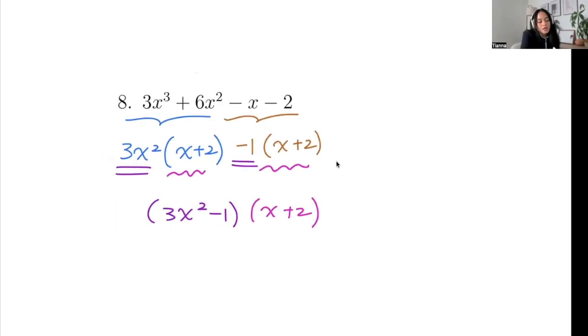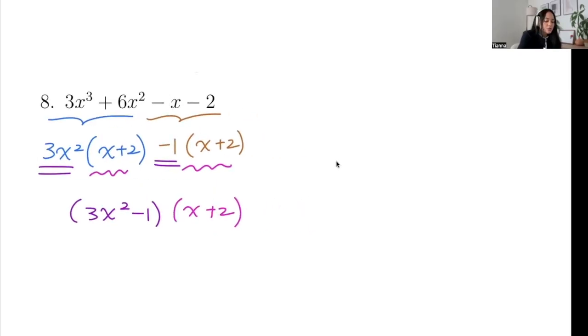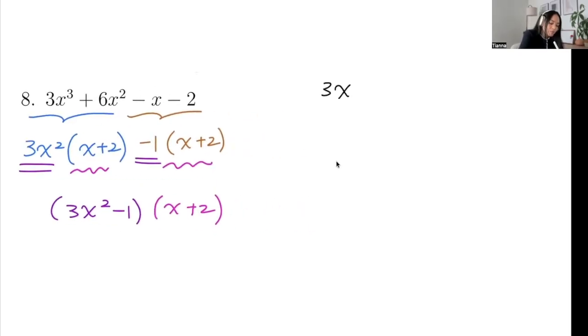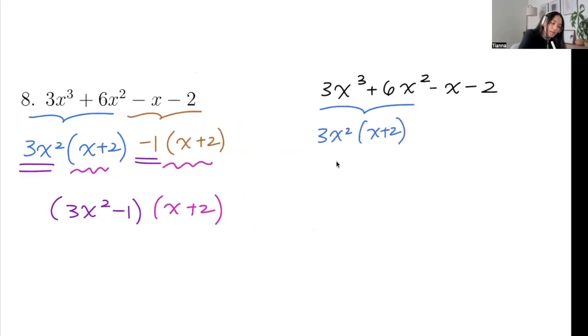Okay, and then say for instance, for this particular problem, you didn't realize that you needed to pull out a negative 1, right? So you would end up with something like this. Let's say you pulled out a positive 1, negative x minus 2, right? And then when you go to group for your answer, you're going to look at your outsides.